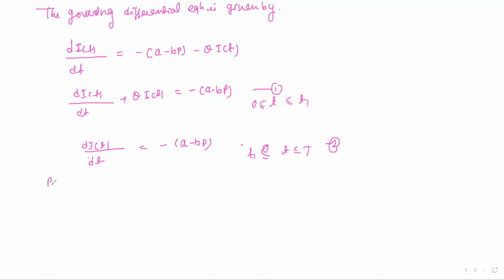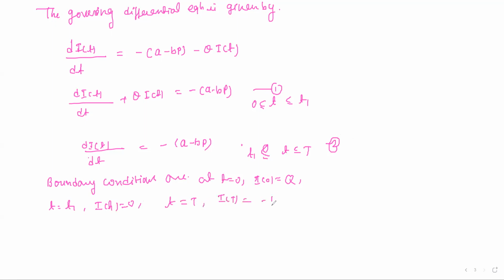Now boundary conditions are: at t equals 0, I(0) is Q; at t equals t1, I(t1) is 0; and at t, I(t) becomes minus B.